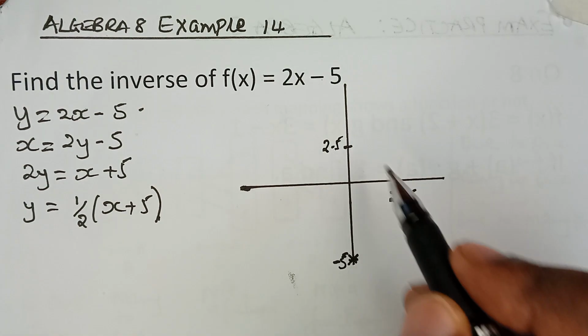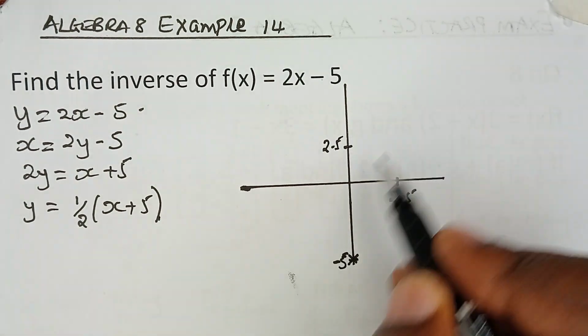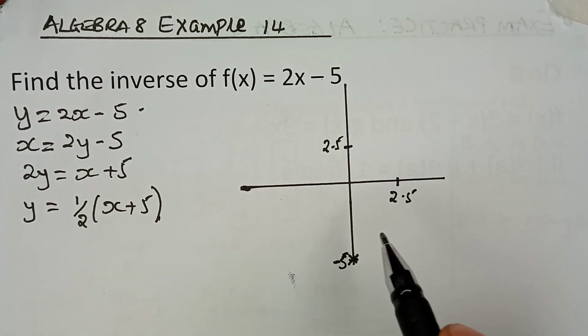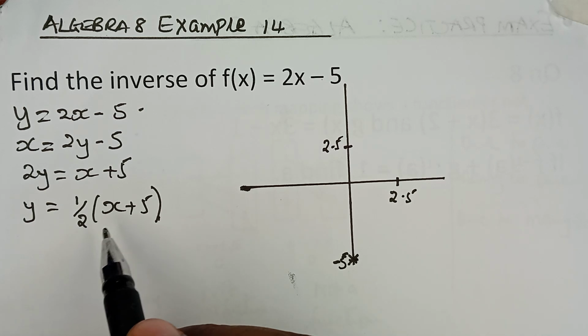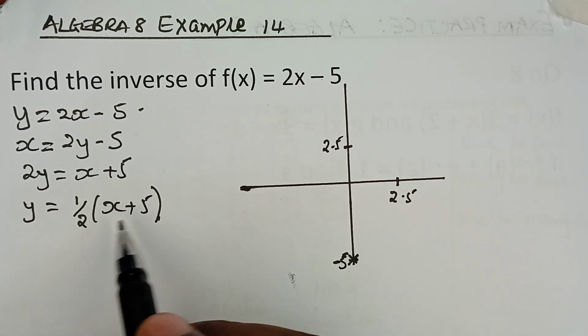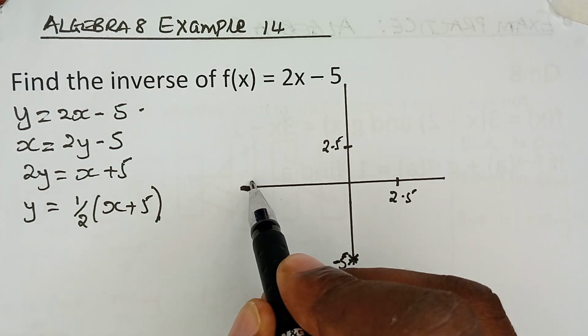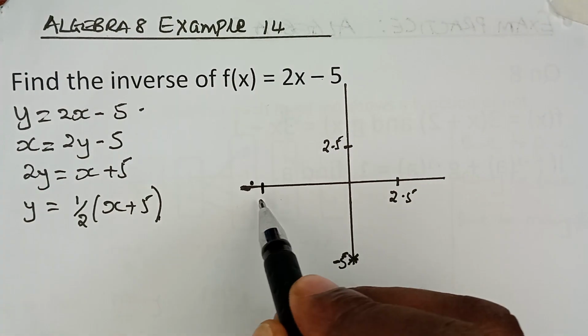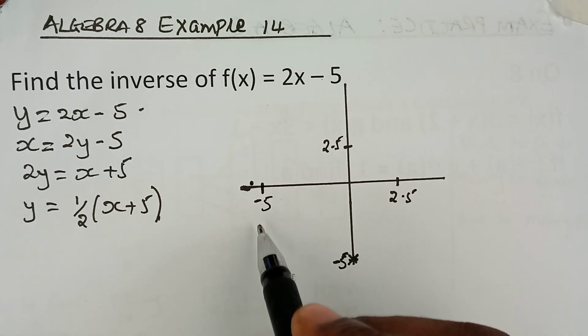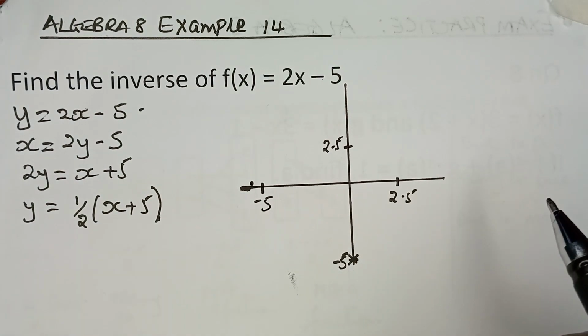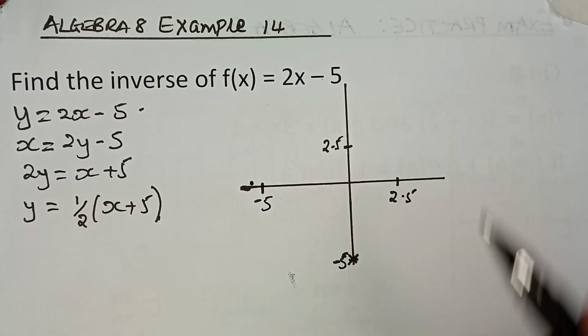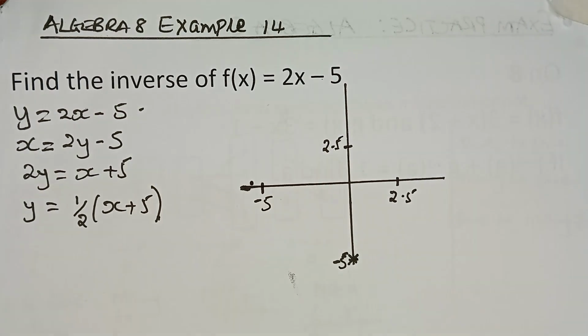It is a reflection of this along the line that is going to be here. When x is a negative 5, negative 5 plus 5 is 0, and half of 0 is going to be 0. So when x is a negative 5, y is going to be 0. And you can already see that they are going to meet somewhere.